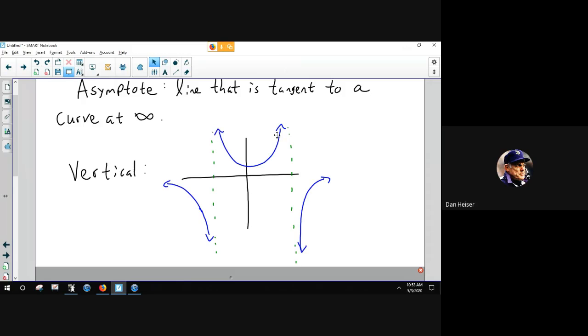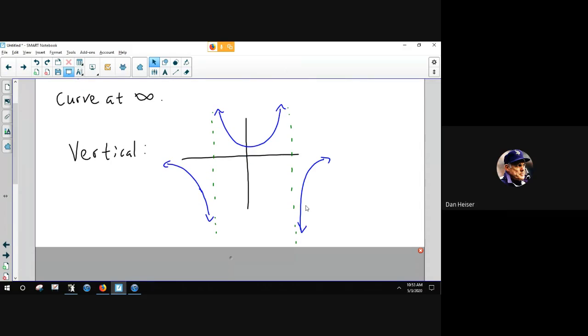We'll never get there. Same thing here. As x gets really, really close to this value, it'll approach that asymptote from two directions, but it will never get there. The function has to jump over the asymptote to continue its graph.